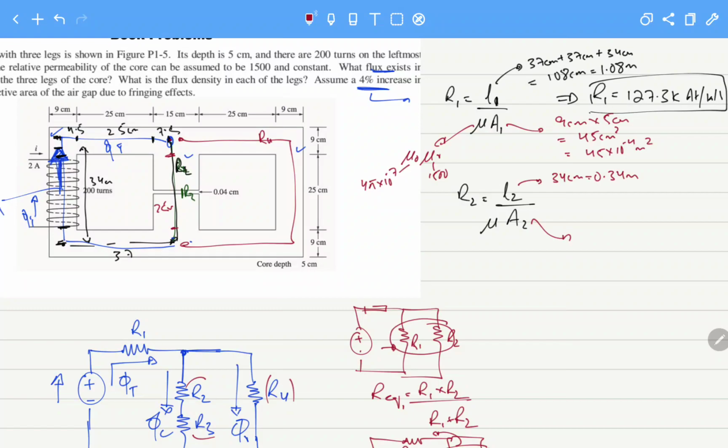Area of the center leg will be, its width is 15 and depth is 5, so 15 into 5, that will become 75 centimeters square, equal to 75 into 10 raised to the minus 4 meters square. Mu, again, it is the part of the core, so we will have this value.